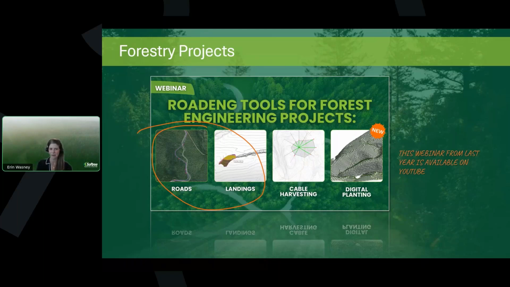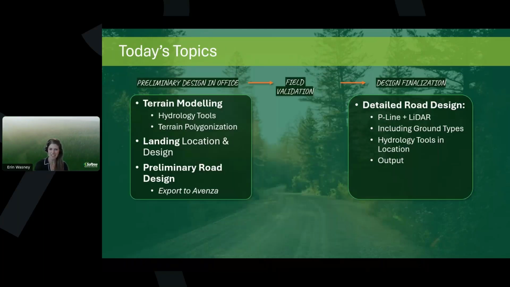Okay, today's topic is a little bit different in terms of how we're talking about RoadEng for forestry. Today, we're really talking about it in terms of the process that you go through. As you start in the office, you've got a project you need to do. This is going to be your preliminary design phase.